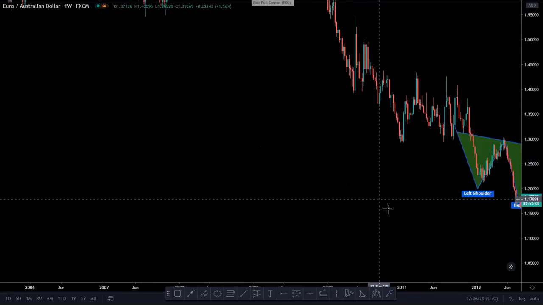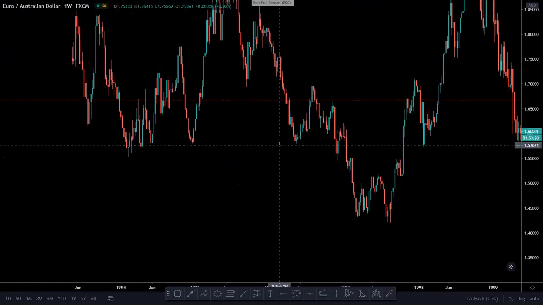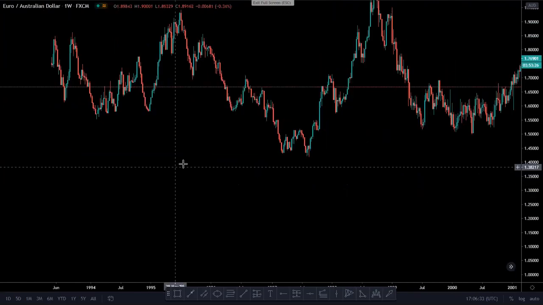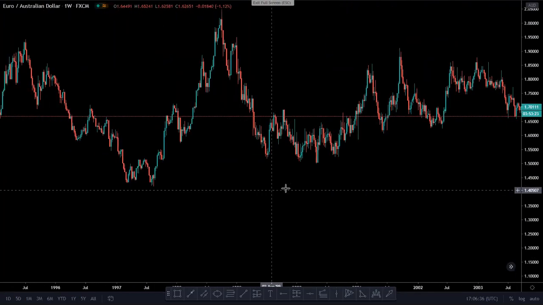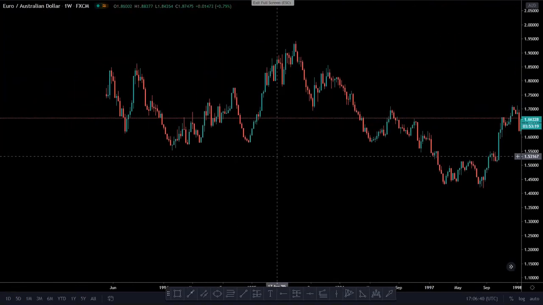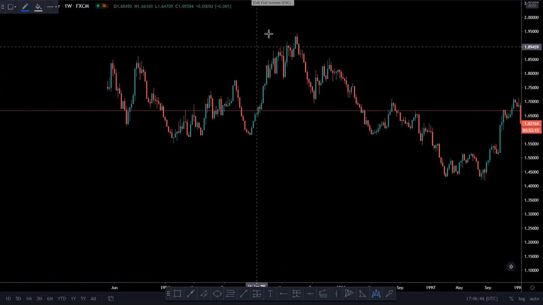So let's go to the previous one. I don't know where we found it. The head and shoulders, I think it was here. So this is the head and shoulders. So you come back, locate it.